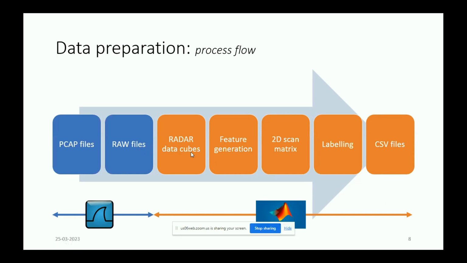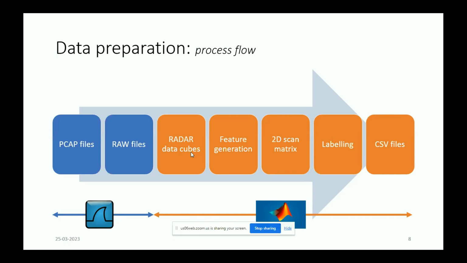Once those radar data cubes are created, they represent fast time, slow time, and the number of pulses we have used. So radar data cubes are represented in those sorts of dimensions. Once radar data cubes are ready, we generated the features, and for each feature we have generated a two-dimensional scan matrix for each scan, where one axis represents the azimuth and the other axis represents the range.